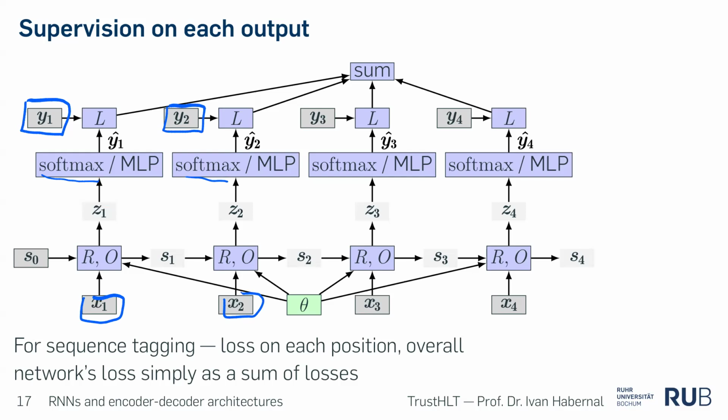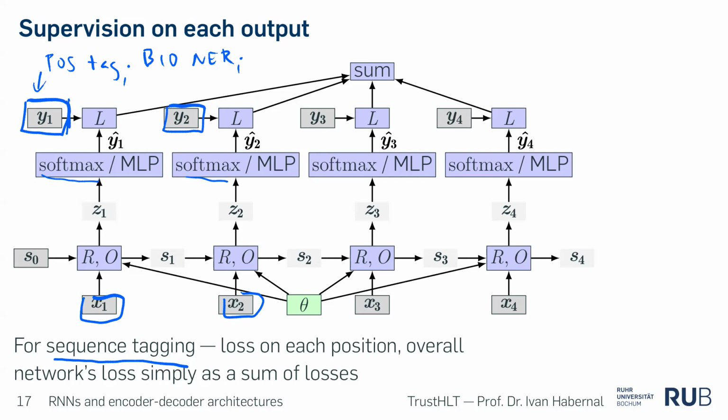And again, we had this example already. This is for sequence tagging. So at each position, this could be, for example, the part of speech tag, or it could be the BIO named entity recognition tag, or something else. Each token is classified into a gold label.